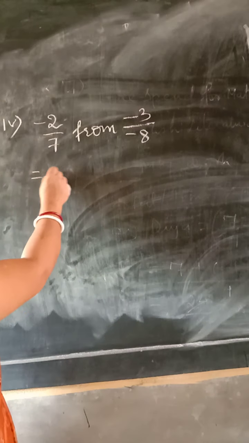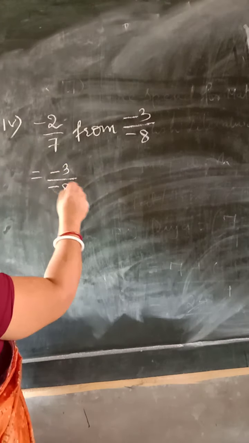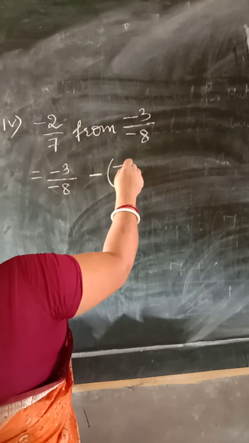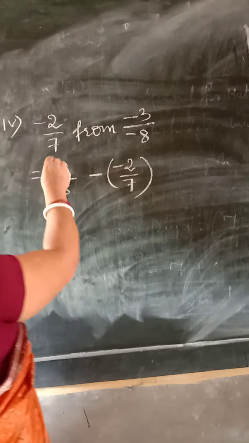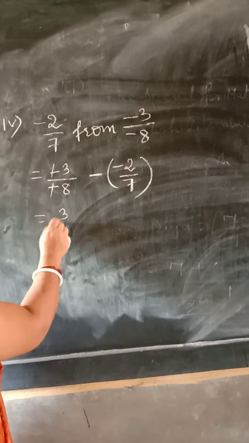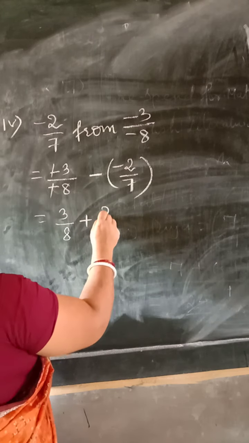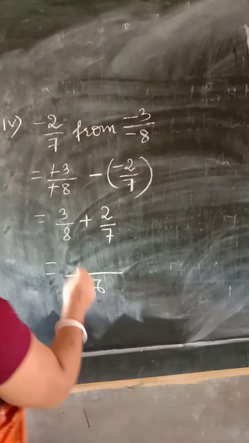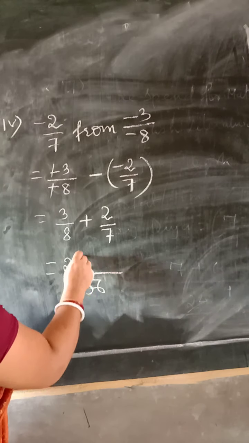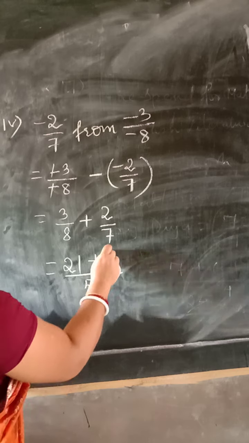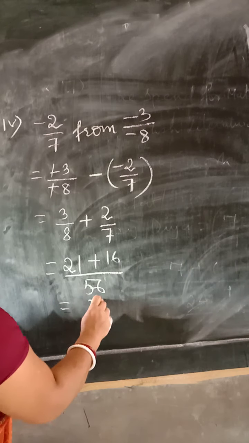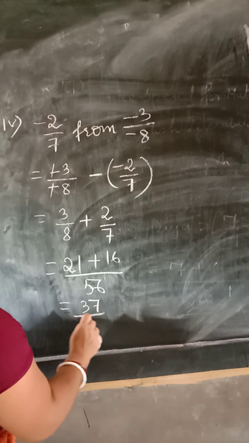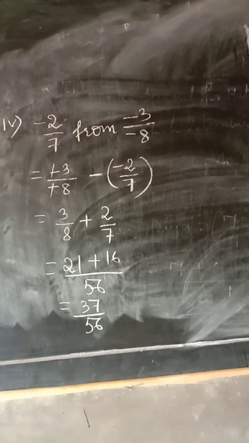So we write first this minus 3/-8 minus 2/7. So this is cancelled already. So the next step will be writing 3/8 plus 2/7. LCM is 56. 8 7s are 56, so 3 7s are 21. 7 8s are 56, so 2 8s are 16. So the answer is 37/56. Okay.